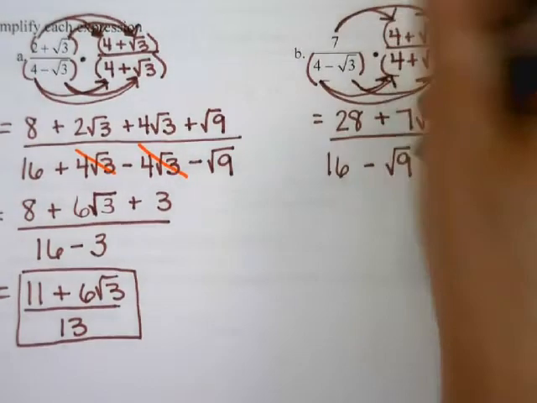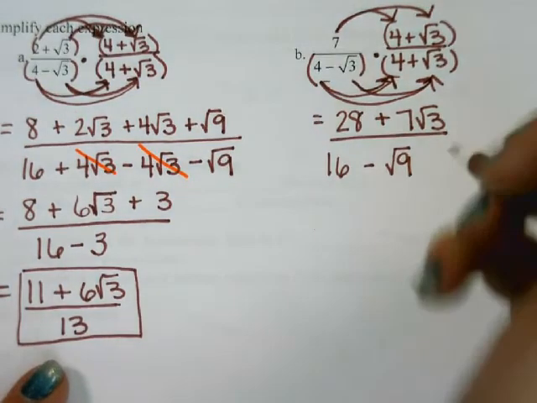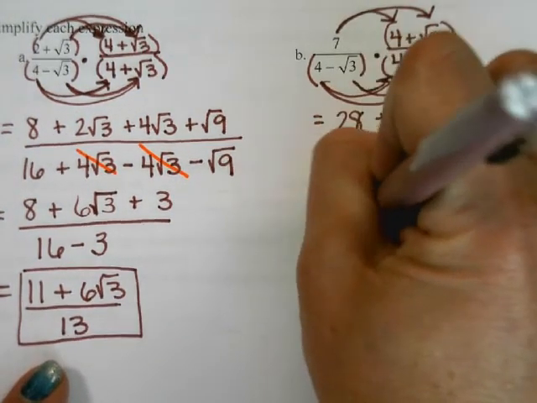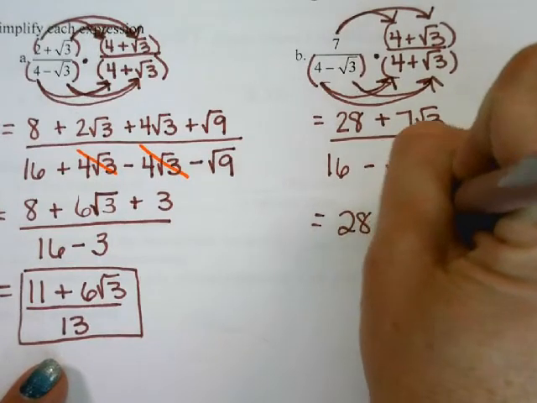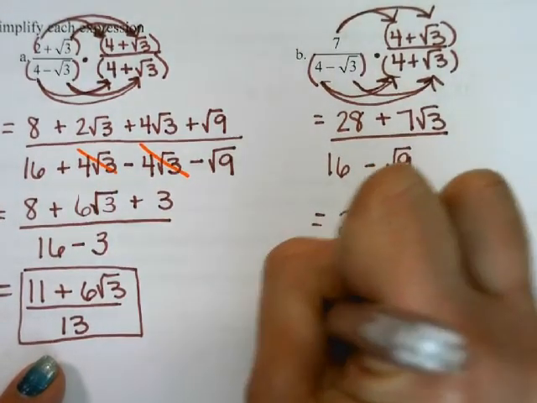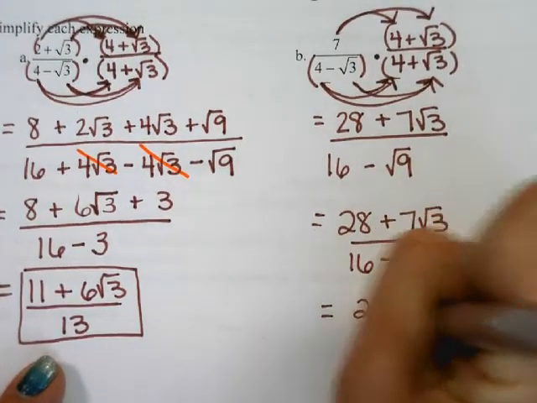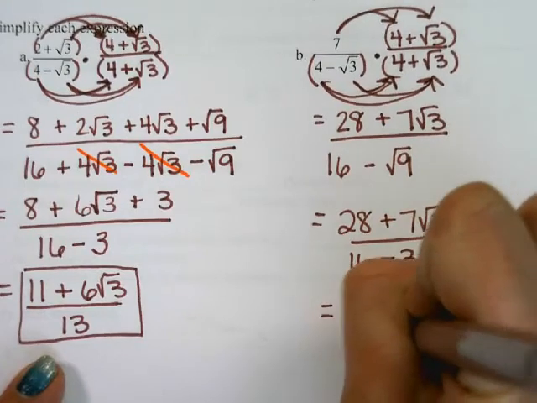It will always be a minus, too, by the way. So I get 28 plus 7 root 3 all over 16 minus 3, which is what we were hoping for. 28 plus 7 root 3 all over 13.